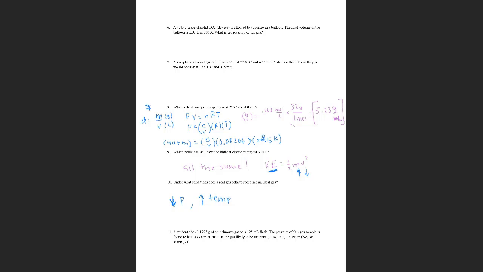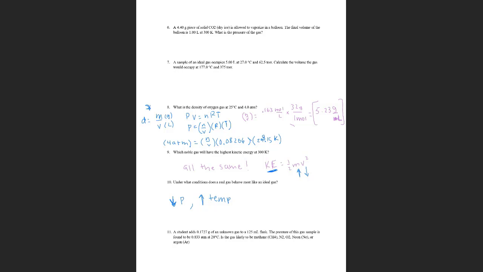So at high temperature and low pressures, the particles can be really far apart. That helps it behave like an ideal gas because the molecules are really far apart, and so any interactions they may have with each other are negligible.